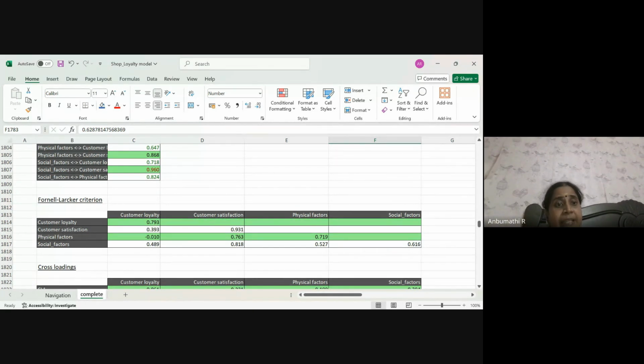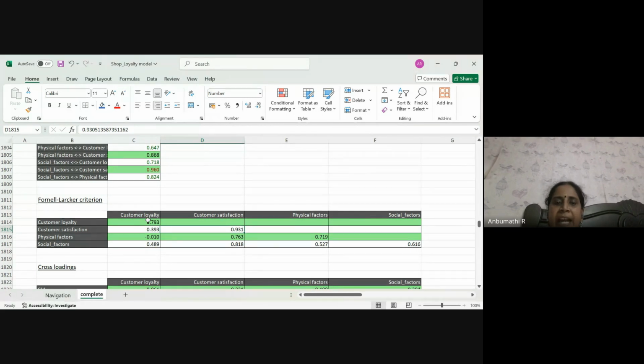They might have discussed only the Fornell-Larcker criterion. Here, the diagonal elements, 0.793, 0.931, and 0.719, should be high, while the off-diagonal elements should be of lower magnitude. That is the Fornell-Larcker criterion: the AVE compared to the squared inter-construct correlation.